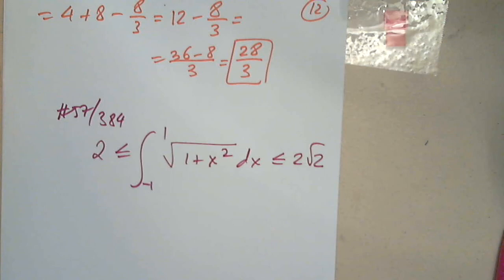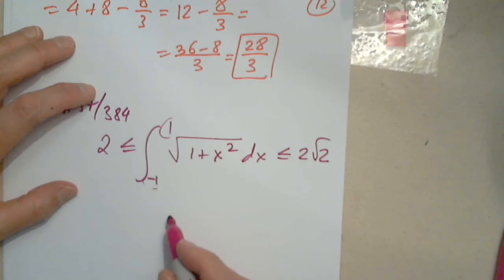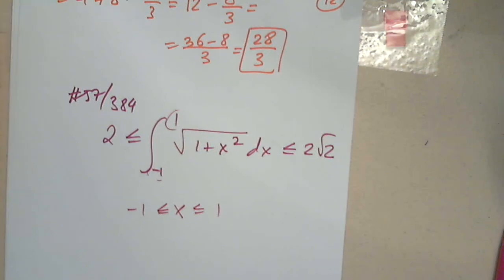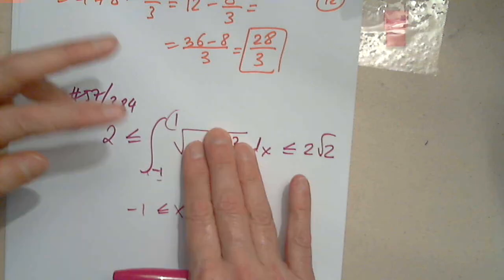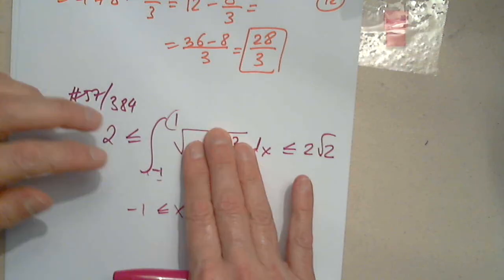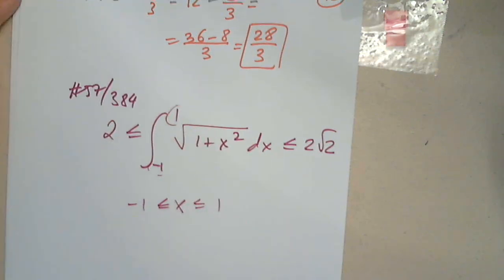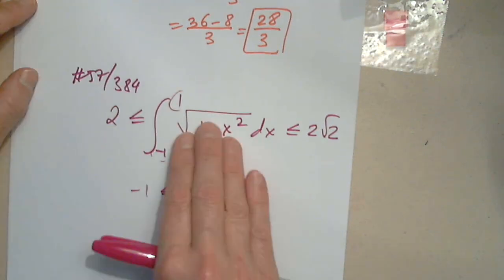So my starting point has to be here. I have to present the fact that what we are interested in is happening between negative 1 and 1. So that's our x. I'm trying to build this function. I'm not allowed to square in an inequality like this.